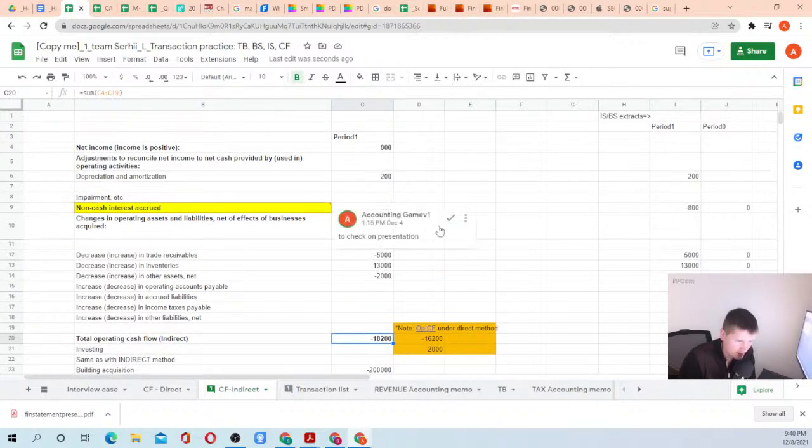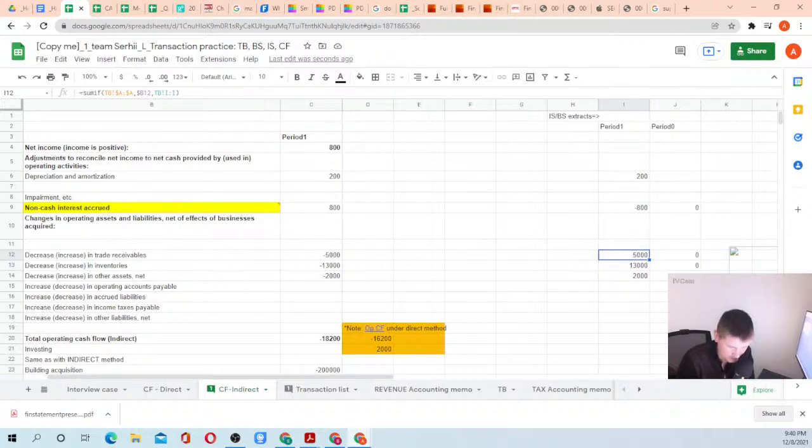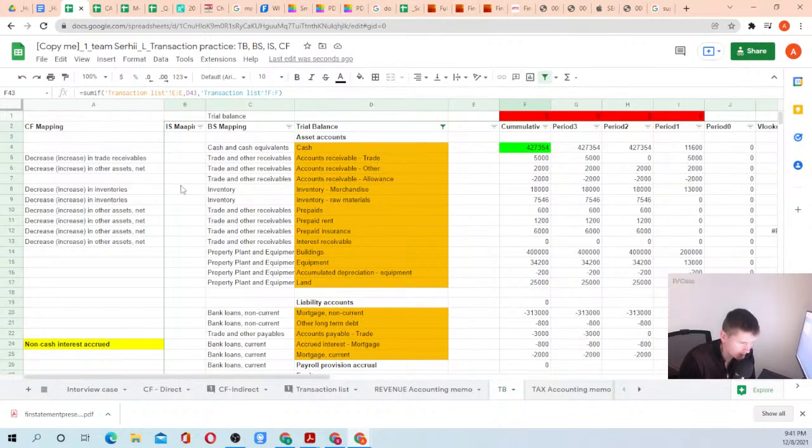So now we need to adjust our situation. We got change, decrease, increase in trade receivables, 5,000, and it was from mapping. Let's see what we have in that mapping. We got it from the trial balance, and we didn't map allowance.